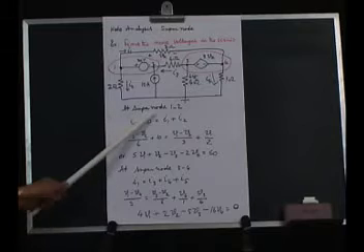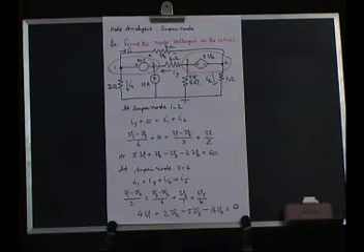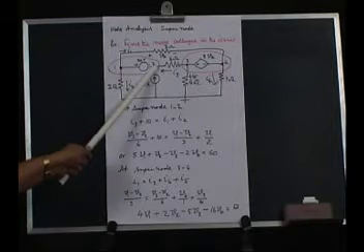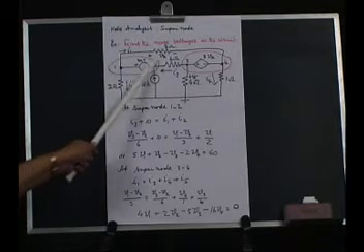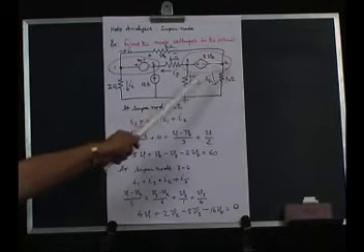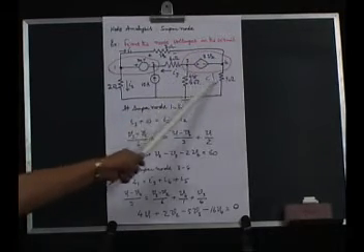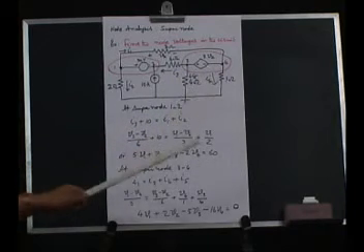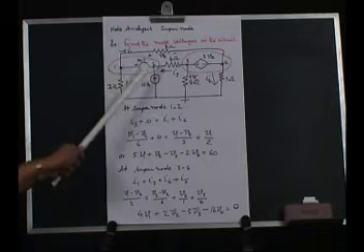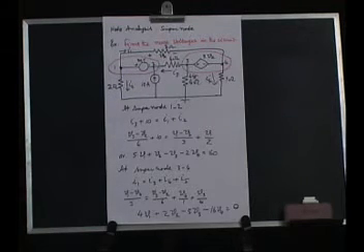As we have already defined what a supernode is, because there is a voltage source connected between 1 and 2, we shall mark this as a supernode, and because there is a dependent voltage source between 3 and 4, we mark this as another supernode, the second supernode. The first supernode we call supernode 1, 2. Here we write Kirchhoff's current law.